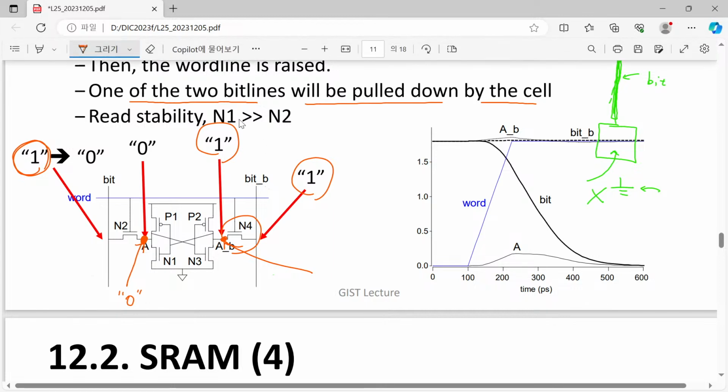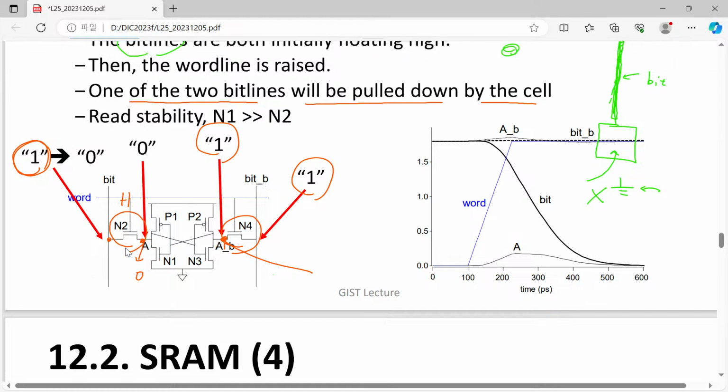For the N2 transistor, its gate is high, its source is 0, and its drain is 1. Now our N2 device is fully turned on. It tries to charge this node.